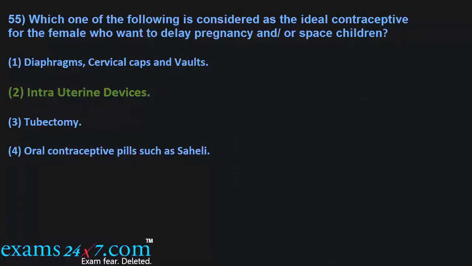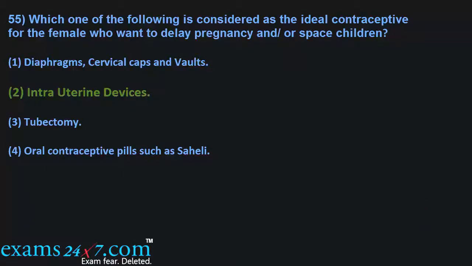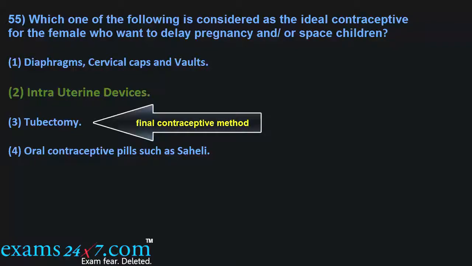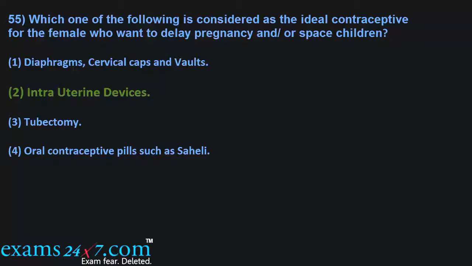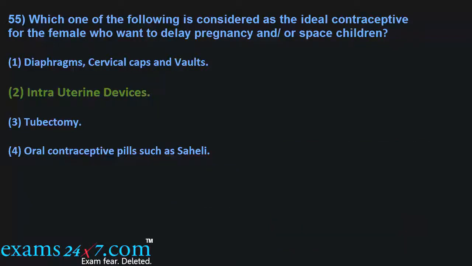Diaphragm, cervical caps and vaults are going to be used by the member of a couple when they don't want to go for conception at the time of that particular sexual act. Tubectomy is a surgical procedure adopted in female and which is going to be done as a final contraceptive method. Oral contraceptive pill such as Saheli. Remember, Saheli is very important. You have to remember that it is the non-hormonal, oral contraceptive.